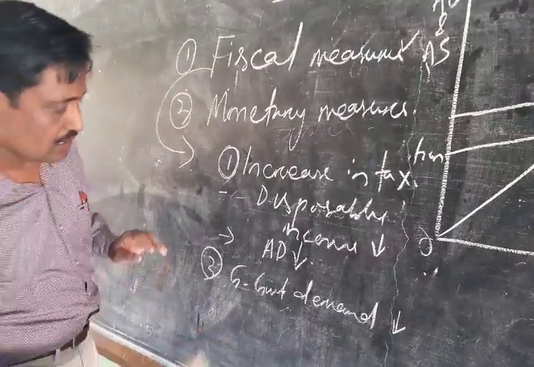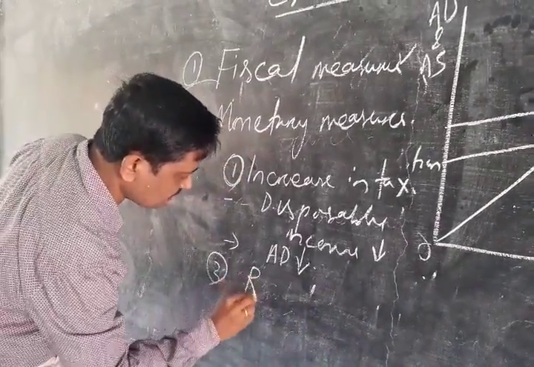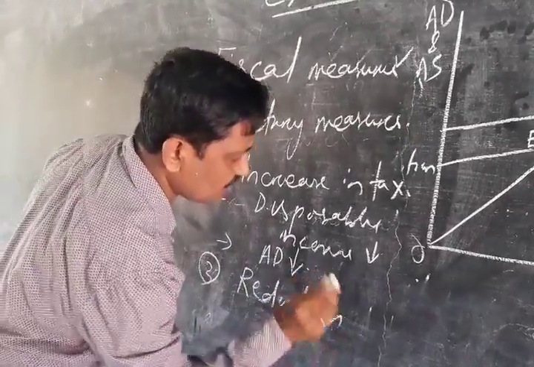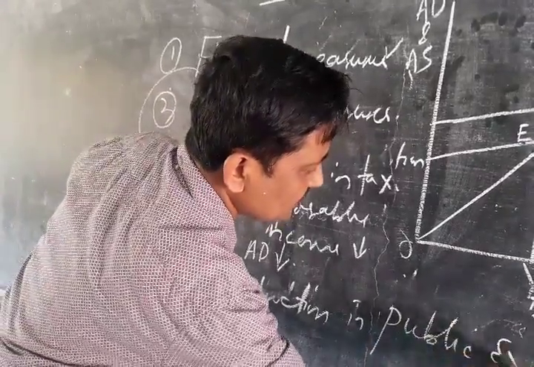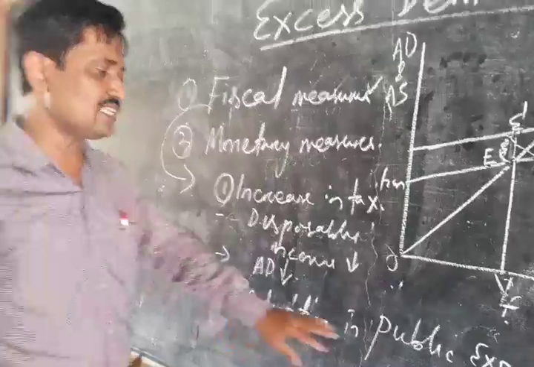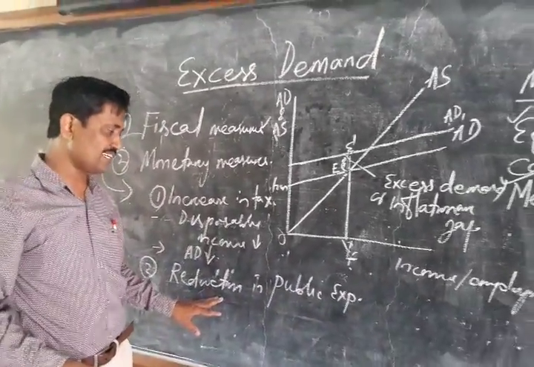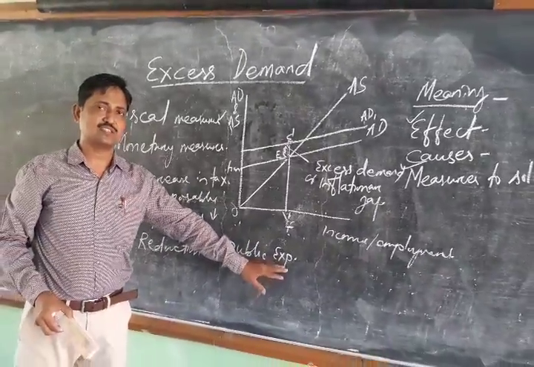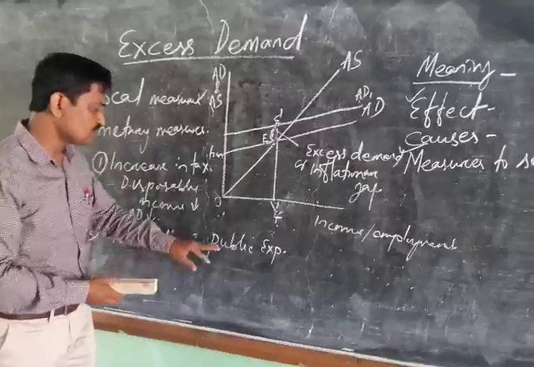So what you have to write here: reduction in public expenditure, right? Government spends on different heads, like maintaining law and order, defense, roads, communications, etc. For all these, the government will spend.